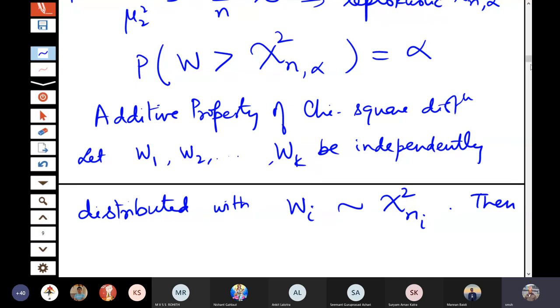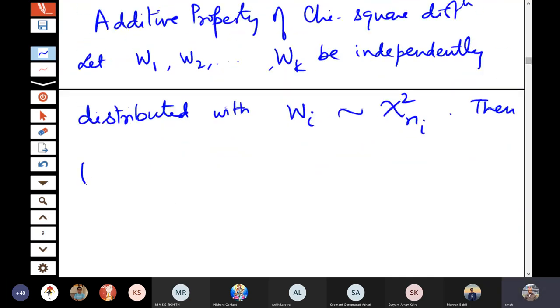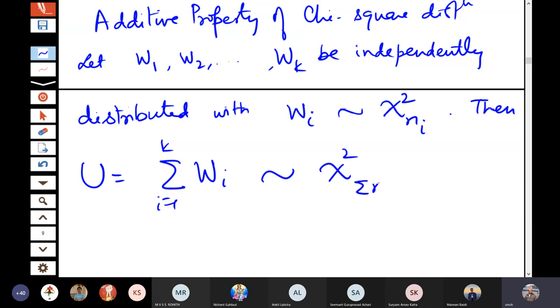Then say U is equal to the sum of Wi, i equal to 1 to k, follows chi-square with sum of ni degrees of freedom. So the degrees of freedom will be added up. The proof is trivial. You just have to apply the MGF here, because the MGF of a sum is equal to the product of the MGFs. So immediately you can prove it from there. Is the statement clear? Yes, sir.